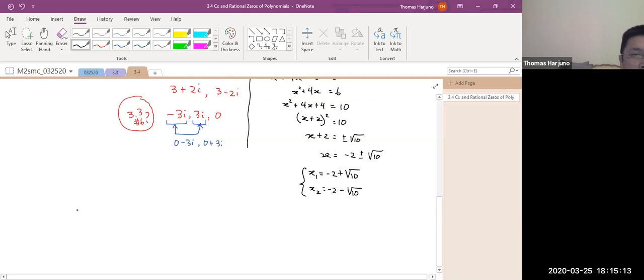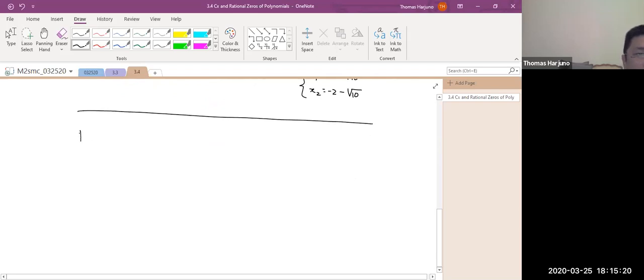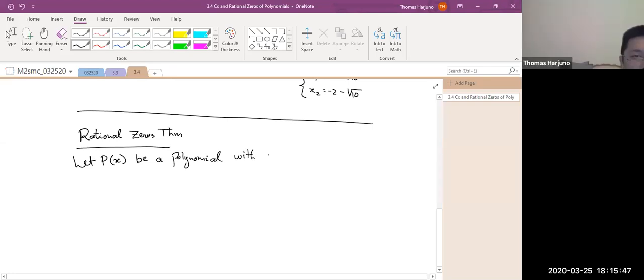Next, rational zero theorem. Let P(x) be a polynomial with leading coefficient a sub n and constant term a sub 0.